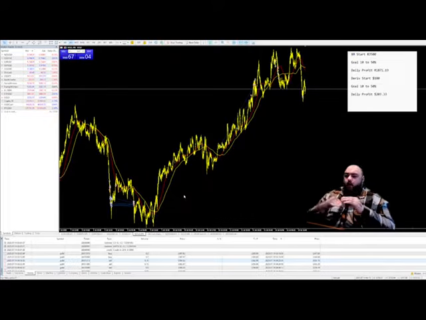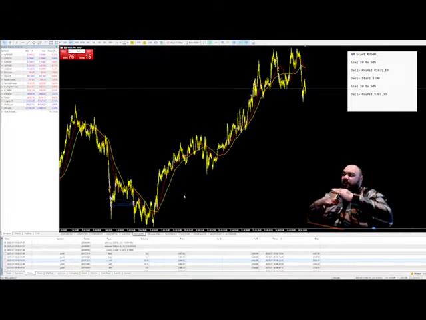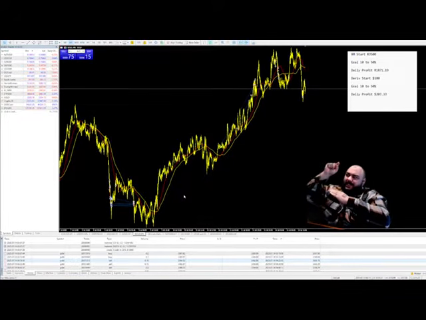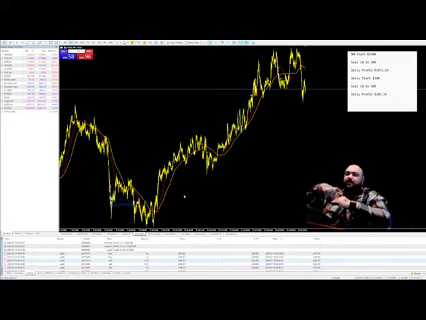I'm going to say it again. When the 100 moving average is moving below the 55 moving average, we want the candlesticks on the 5-minute time frame to come from the top and touch that 55. Then you can go for a buy.